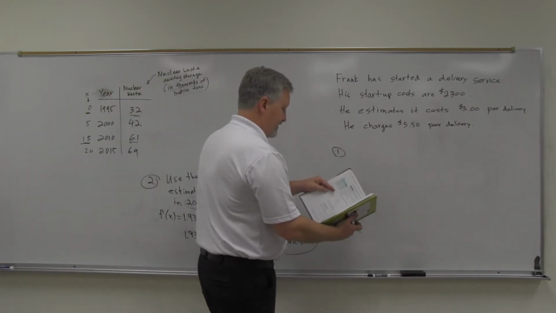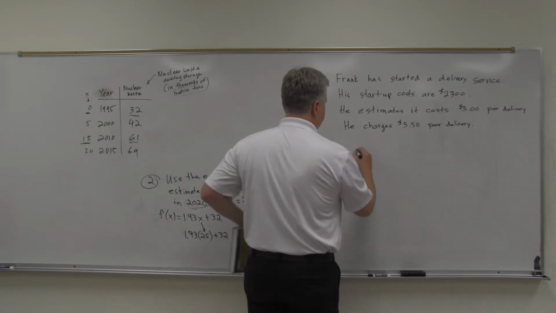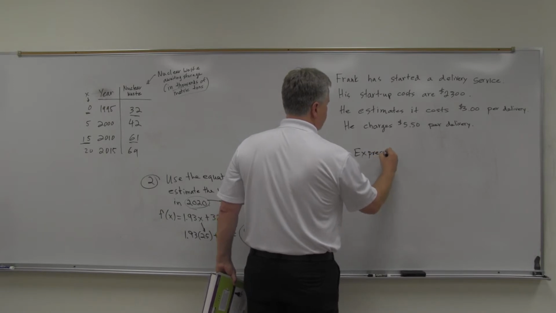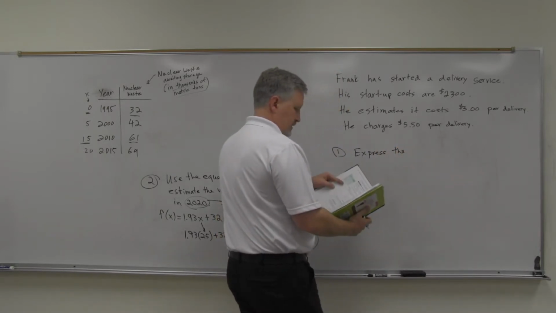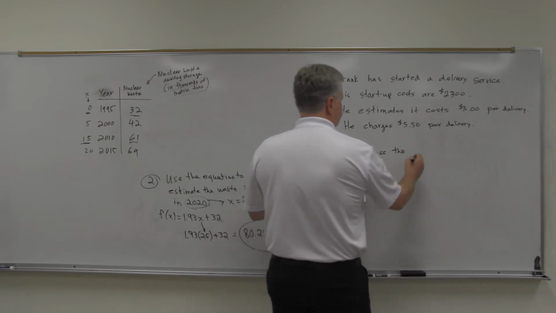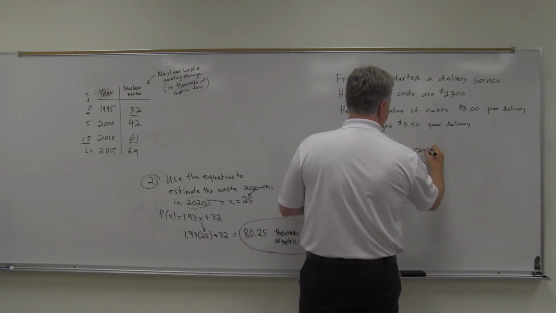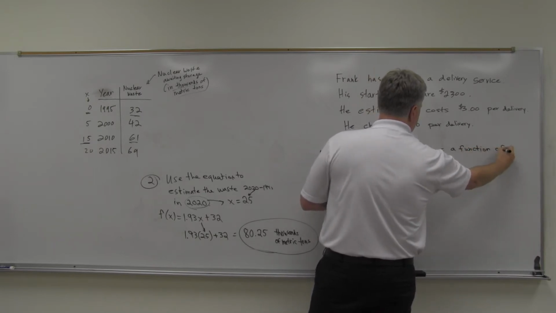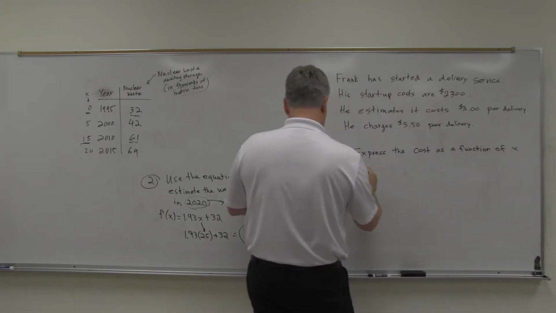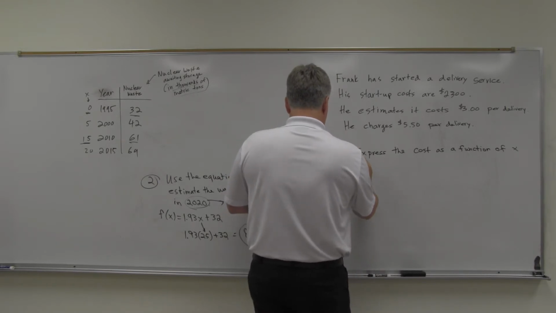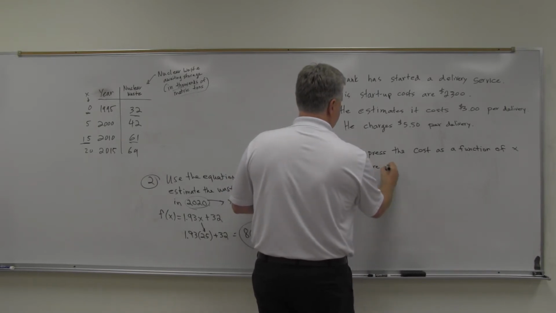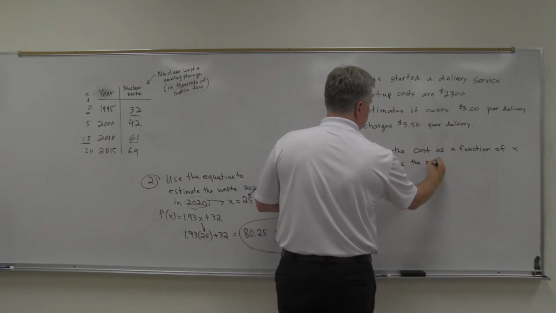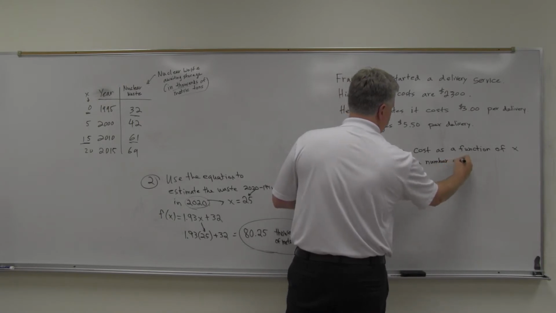Number one, let's express the cost as a function of x, where x is, of course, the number of deliveries. Because that's what the cost depends on, right?